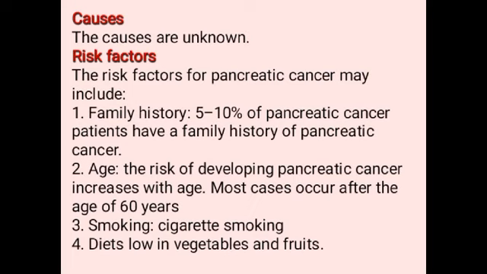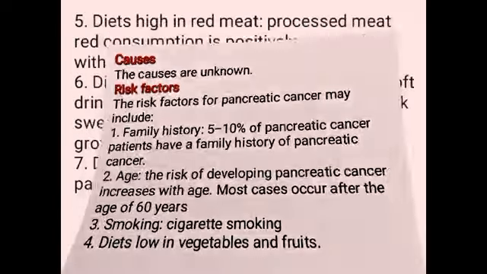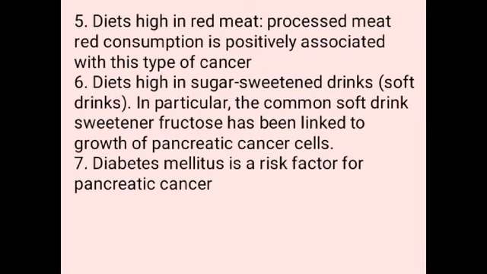And a diet that is low in vegetables, due to the imbalances of the electrolytes and the vitamins within the digestive system, you'll find that it is going to lead to abnormal growth of the cells, leading to cancer of the pancreas. And a diet that is high in red meat, due to the presence of the oxalate in the meat, that can be of a positive influence to the occurrence of pancreatic cancer.